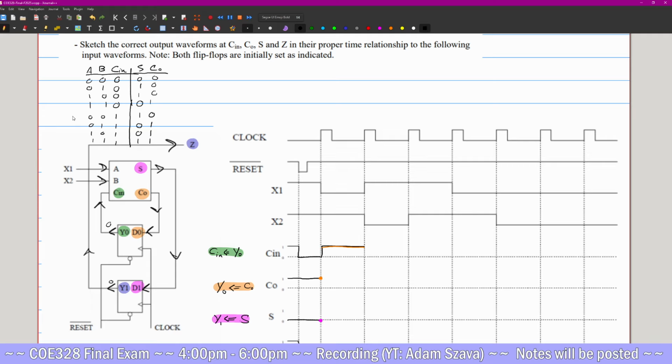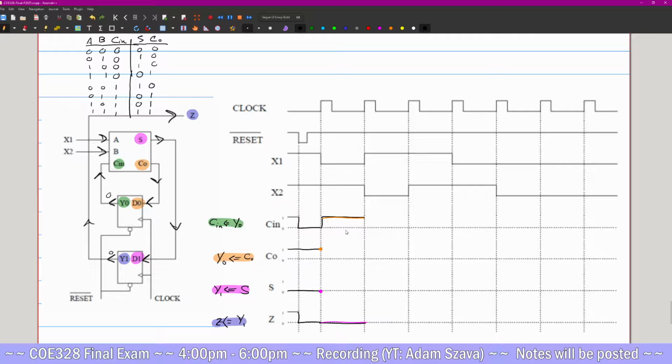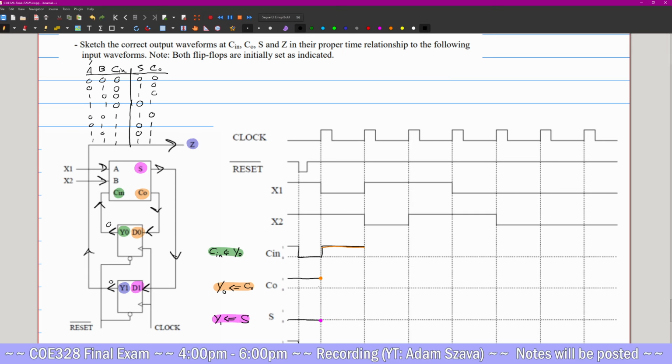So yes, now we have this situation, and now we can finally compute this. So the value of C carry out is, let's just call this our x1, x2, and C in, or we could do x2, x1, doesn't matter. X2 and x1.